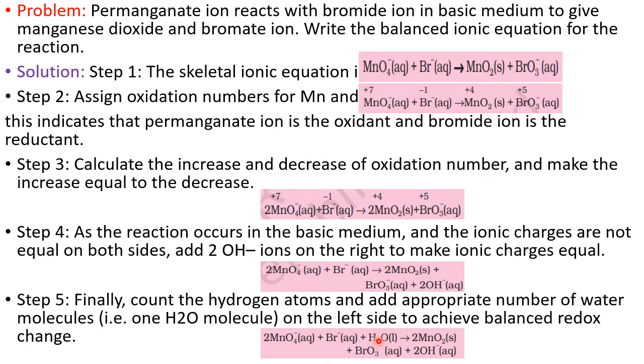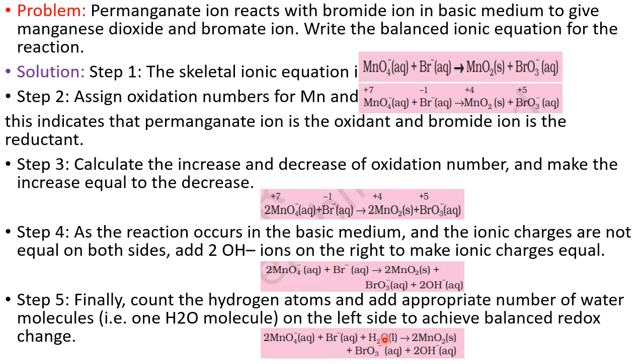Now by adding one H2O, one H is added, but one extra H is there, no? One extra H, one O. So that one extra OH you have to add on the other side. So one OH you add on the RHS. Already one OH is there on the RHS. Now one more I am adding, one OH minus. Totally two OH minus here. So this is called the balanced redox reaction for this example in basic medium.